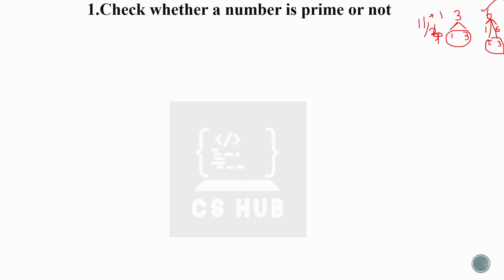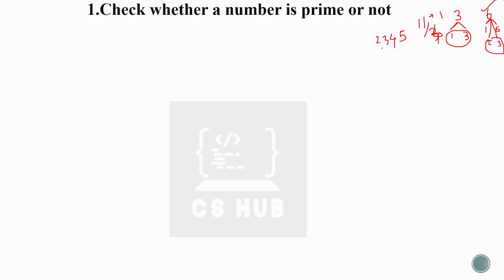We may think we have to divide up to 10, right? 11 minus 1. 11 is a factor we know, so we have to check from 2 to 10. But that's not the case. We just need to check for half the numbers. Half of 11 is 5, so we need to check only the numbers 2, 3, 4, 5.